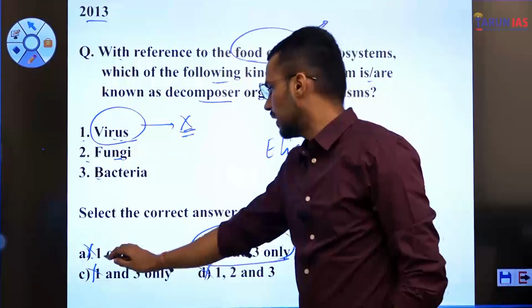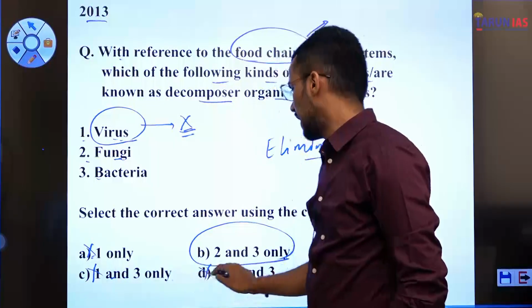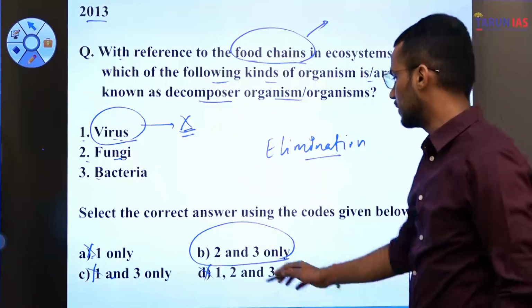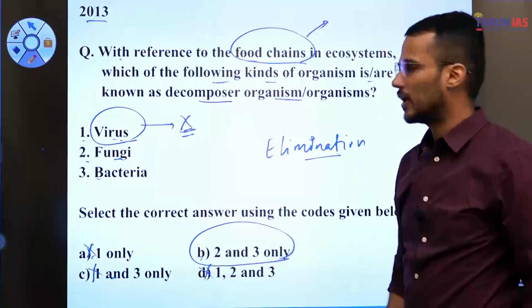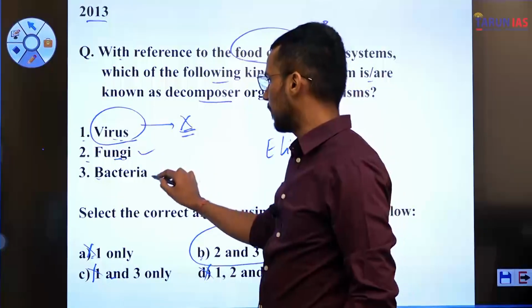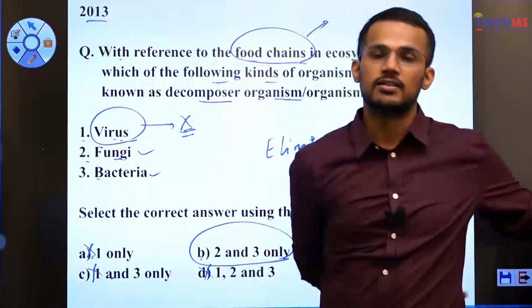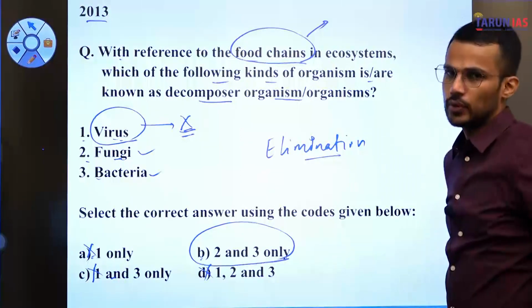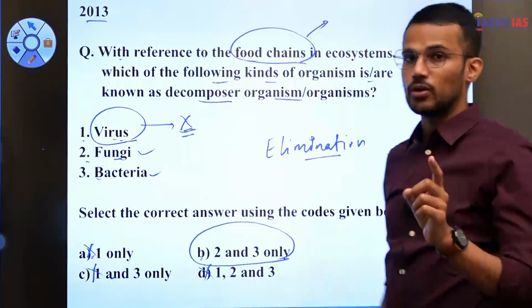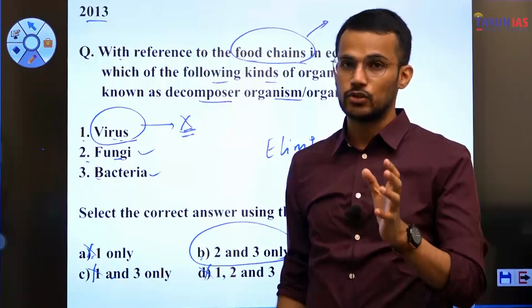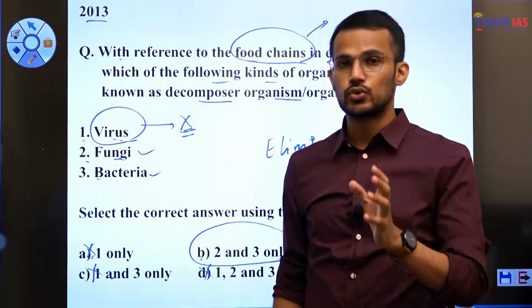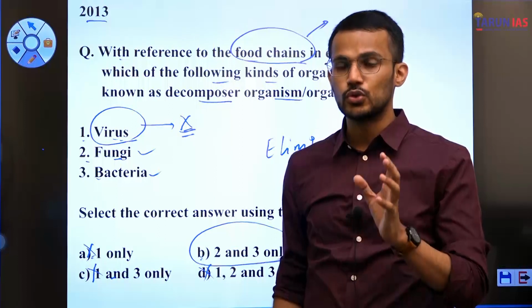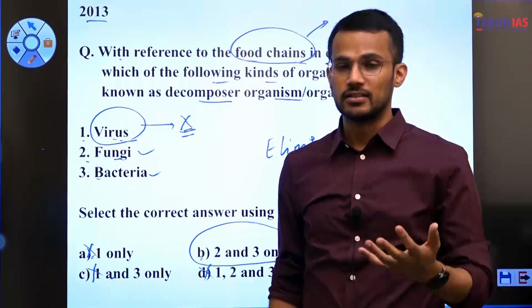So remove A, C, and D, and you are left with B, and that's why fungi and bacteria are considered as decomposers, and hence answer is B, 2 and 3. And this is very important method that you should master at your home. So whenever you solve practice test, you should develop some patterns.